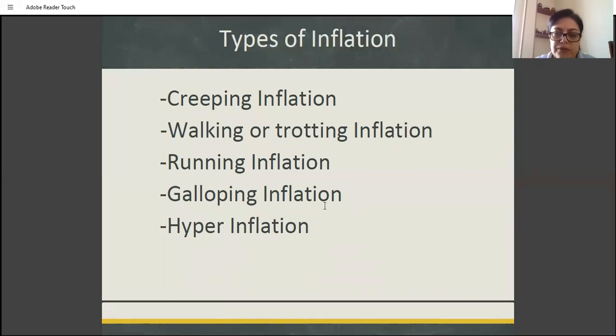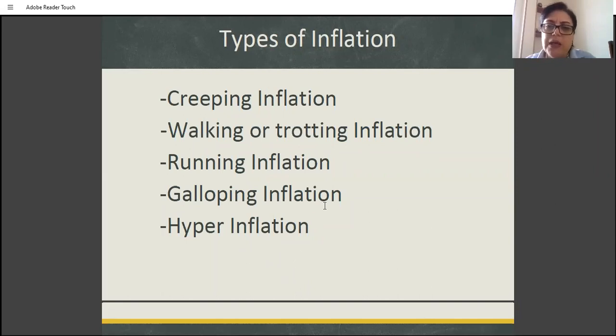The key types of inflation we have to consider are, firstly, creeping inflation, walking or trotting inflation, running inflation, galloping inflation, and hyperinflation. The creeping inflation implies that the annual average rate of inflation is very slow.